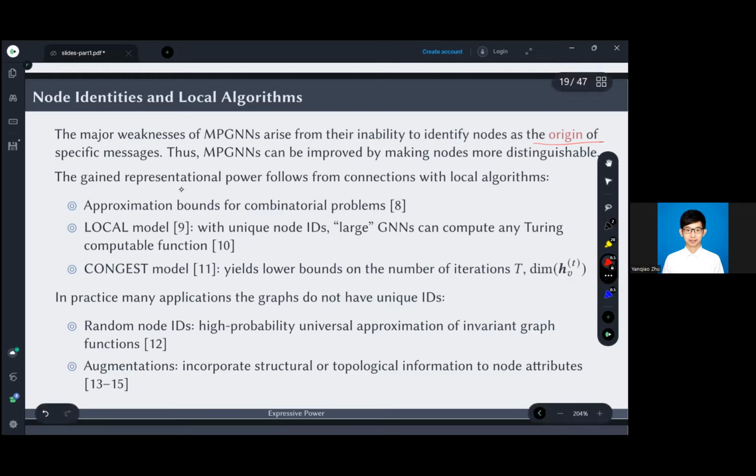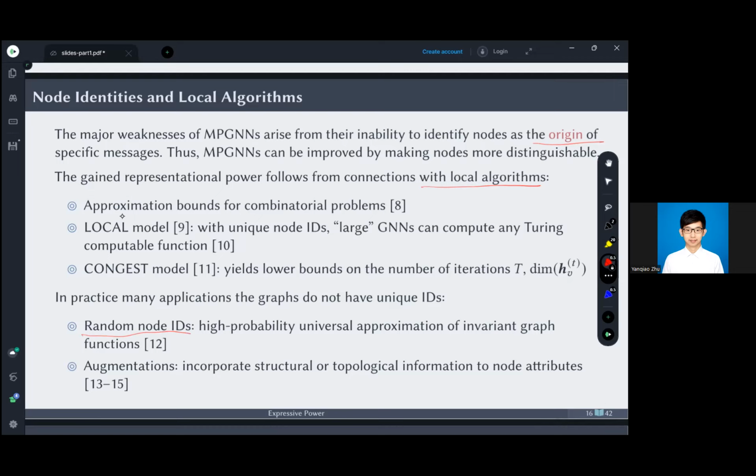The first one tries to establish connections with local algorithms, and there is some analogy between node identities and some distributed algorithms. Another is that we can randomly assign node identities to each node. This gives you a so-called high-probability universal approximation of invariant graph functions. I will introduce this later.